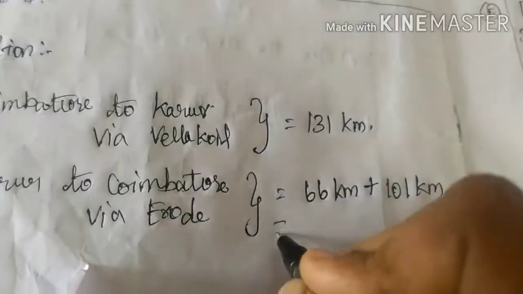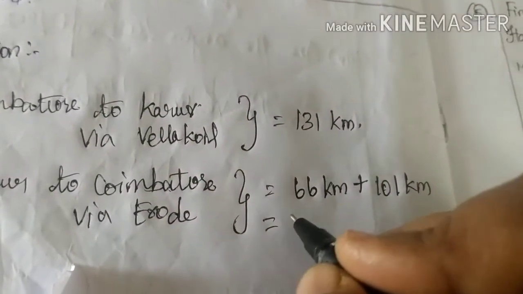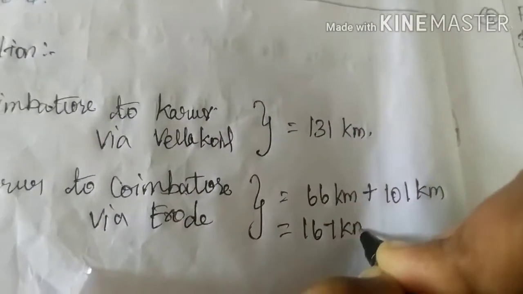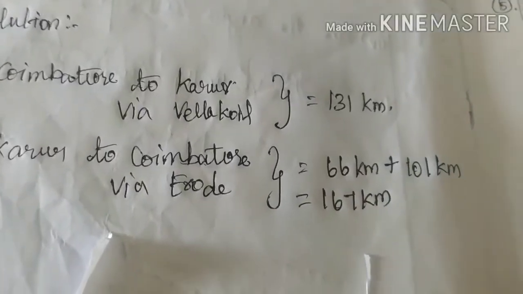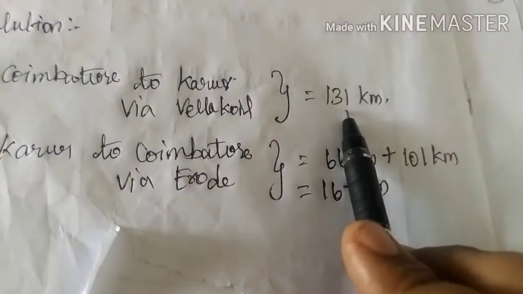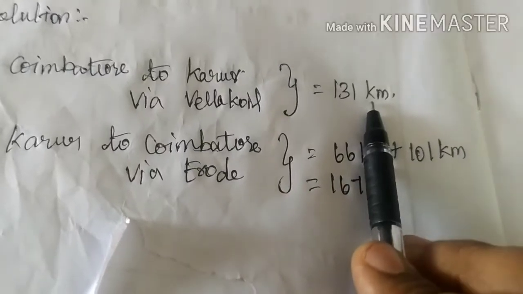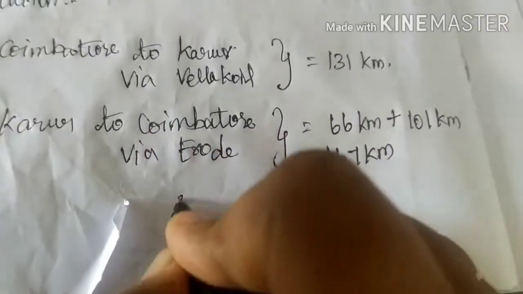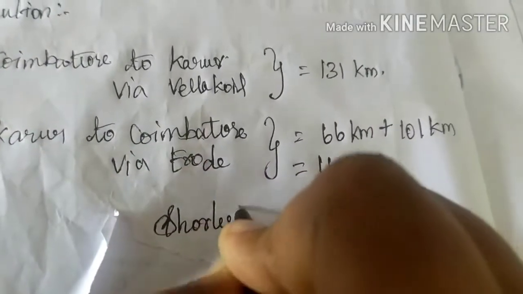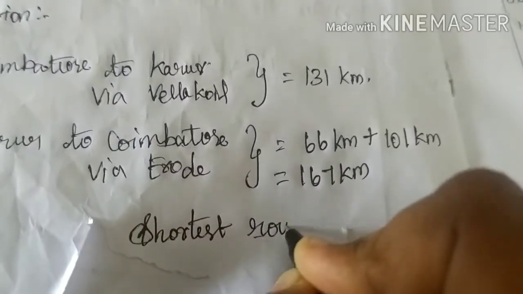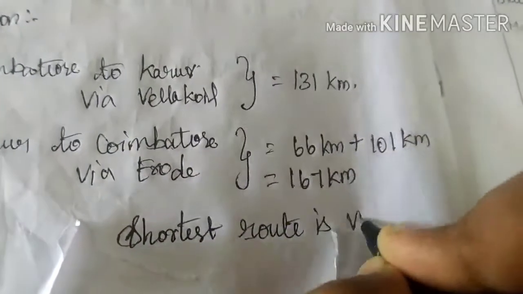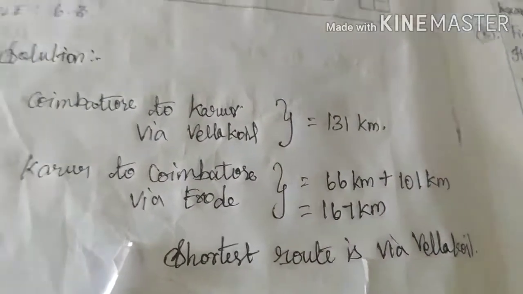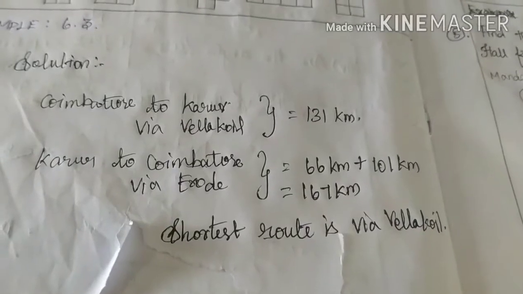So totally 66 plus 101, what do we get? 167 kilometer. They are asking which is the shortest route. So the shortest route is the one with fewer kilometers. This kilometer is less, so the shortest route is via Vellakoil. Like that you write here. That's it. Okay, have you clear children this example?